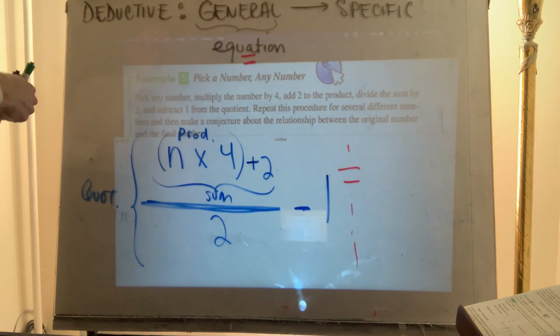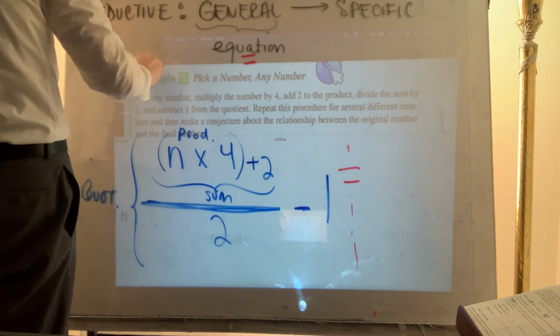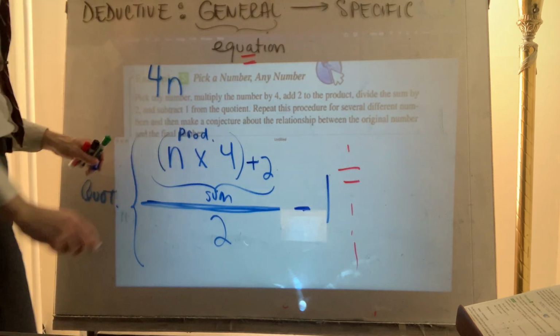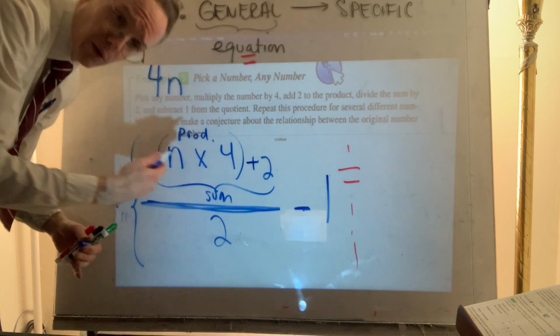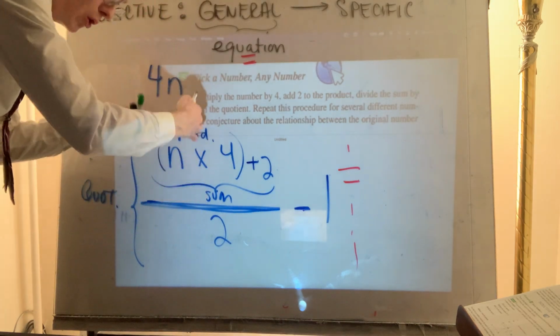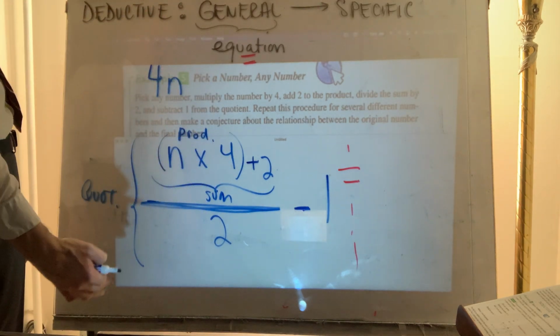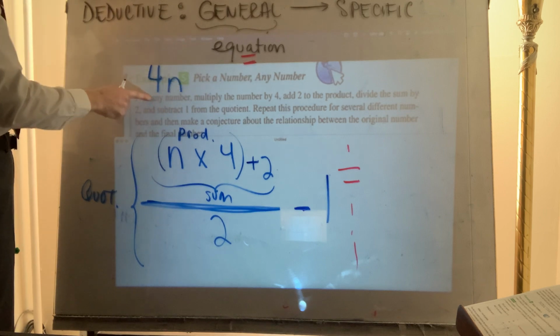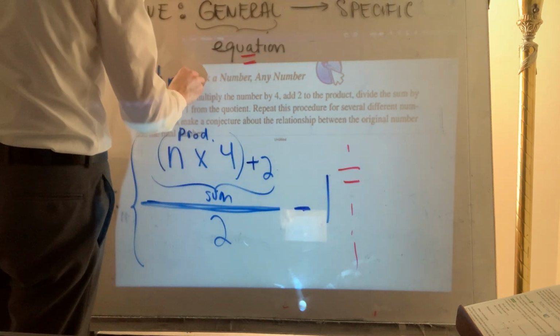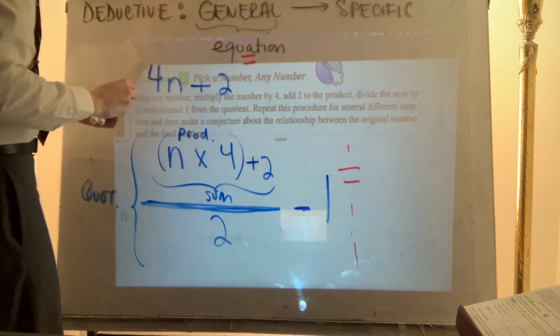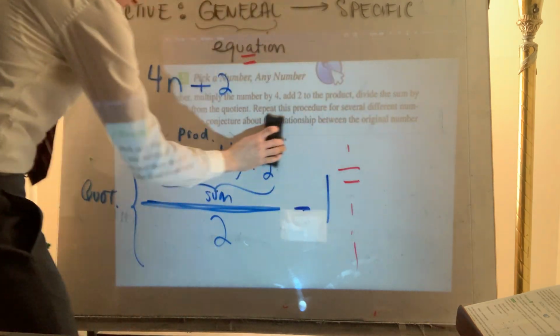So I'm going to do that here. 4n is going to stand in place of n times 4 with the parentheses, because although that is explicit, it's a little bit more gross, more complicated. All right? That plus 2 is the top part of this.